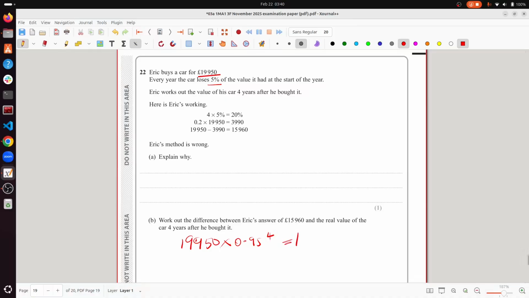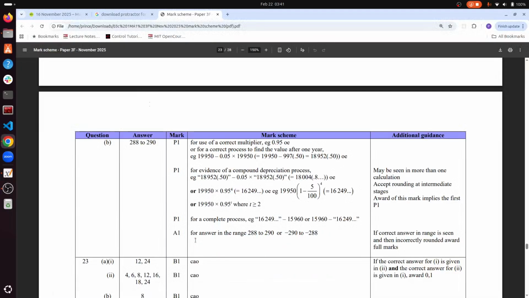That will give you 16,249 pounds and 40p. If I take away 15,960 from that, I have 289.40. That's the difference. So an answer in the range of 288 to 290 is correct, and we are fine with that.